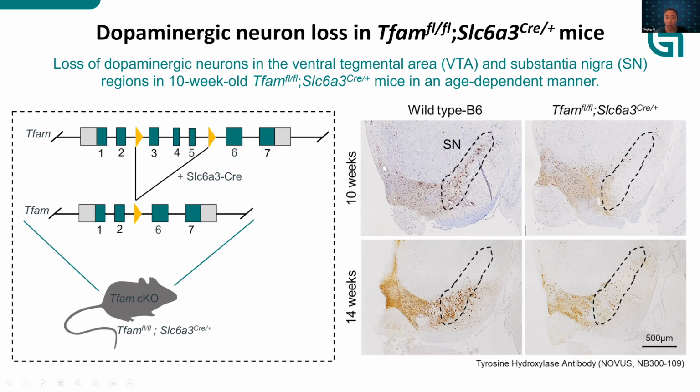Showing you here on the right is proof of principle. As you can tell, between the wild type animal on the left versus the double mutant animal on the right side, there is profound neuronal cell loss in the substantia nigra area in both 10-week-old and 14-week-old animals.